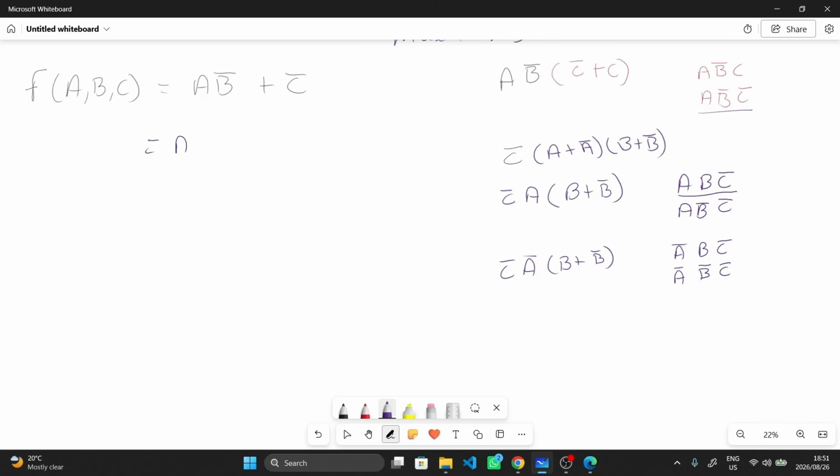So our final answer will be a b complement c plus a b complement c complement plus a b c complement plus a complement b c complement plus a complement b complement c complement.